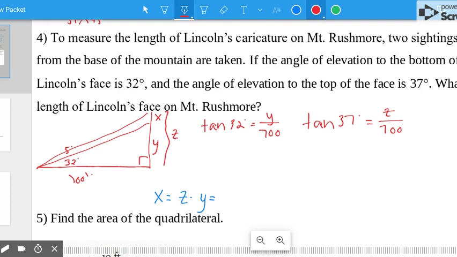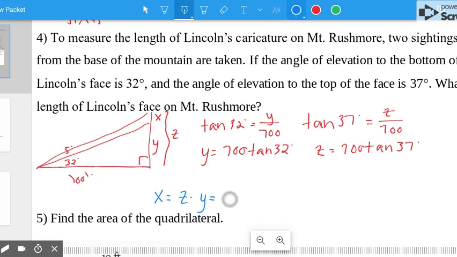So what I'm going to do is solve each of these trig functions for y and z. So for y, we would type in 700 tangent of 32 degrees, and for z, we'd type in 700 tangent of 37 degrees. And instead of typing those in individually, I'm going to do one big function in my calculator so I can withhold as many decimals as possible, keeping it more exact.